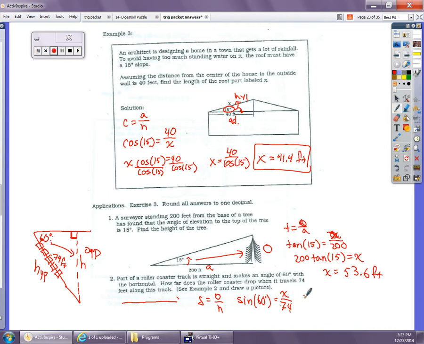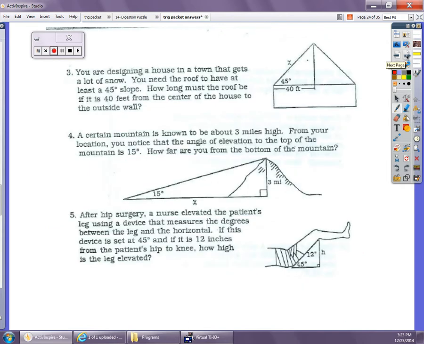So we get x equals 74 times the sine of 60, which is about 64.1 feet. So that's how far it drops.